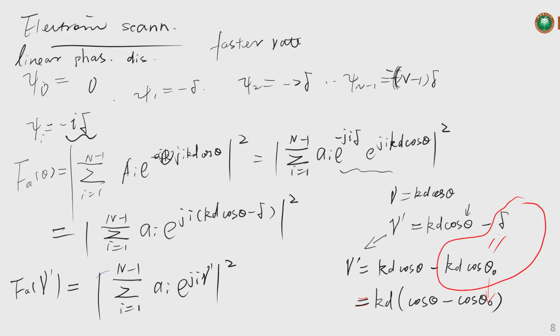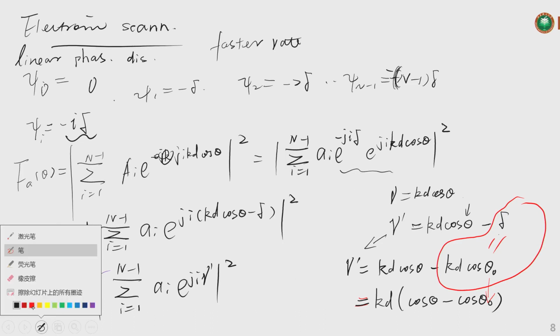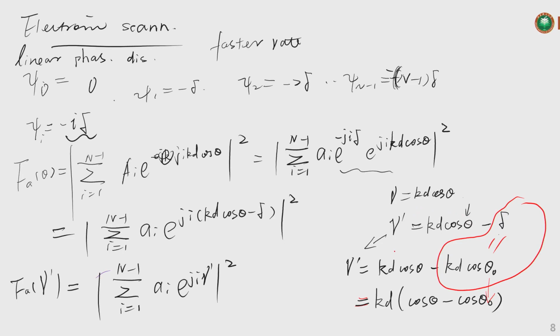So now what we can do next is we need to analyze the variation of the beam direction with respect to the angles. So previously, for the uniform distribution, which means psi I equals psi 0, right?